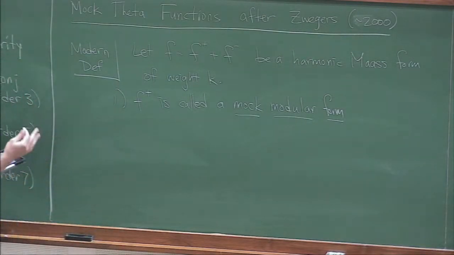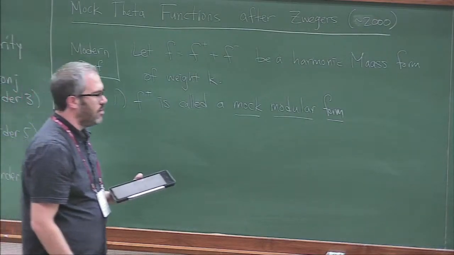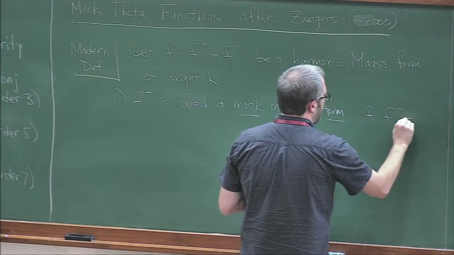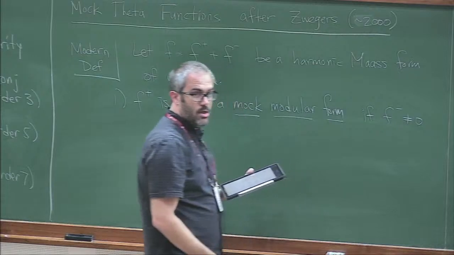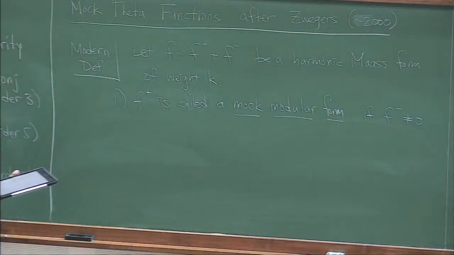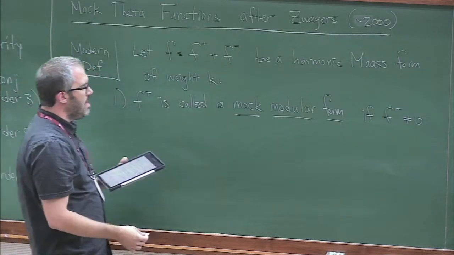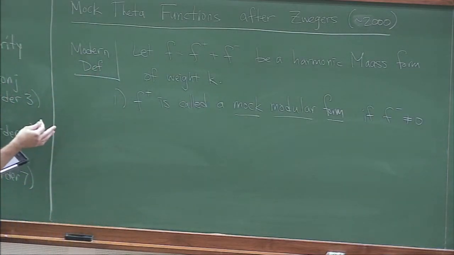A Mach modular form is simply the holomorphic part of a harmonic Maass form if the non-holomorphic part is non-zero. Because remember, the space of weakly holomorphic modular forms sits inside the space of harmonic Maass forms. And if something's weakly holomorphic, we don't want to call it a Mach modular form. It's already a modular form. So if there's an honest non-holomorphic part, then the holomorphic part is called a Mach modular form.